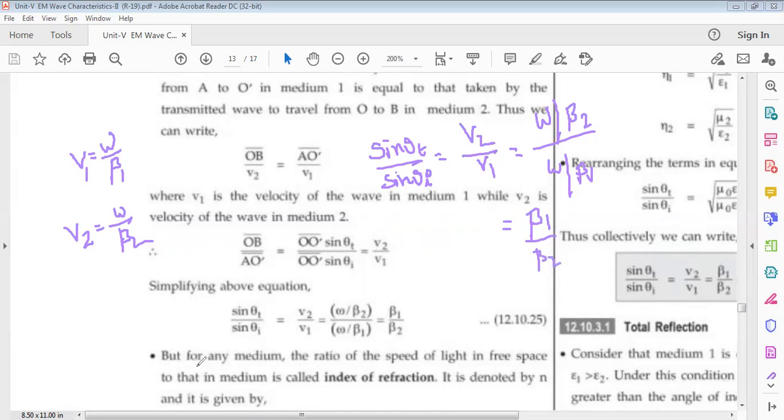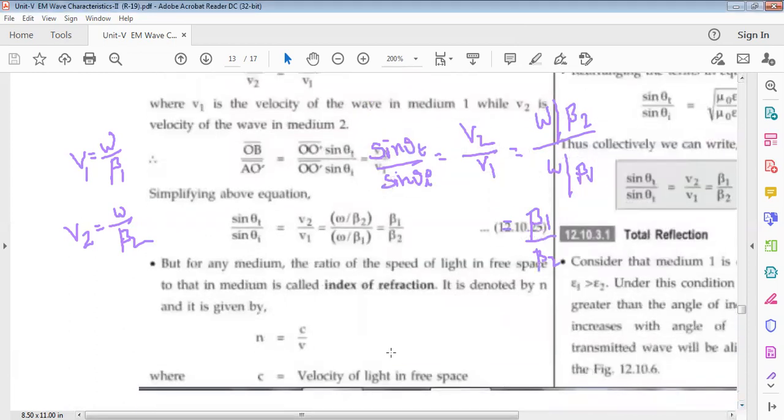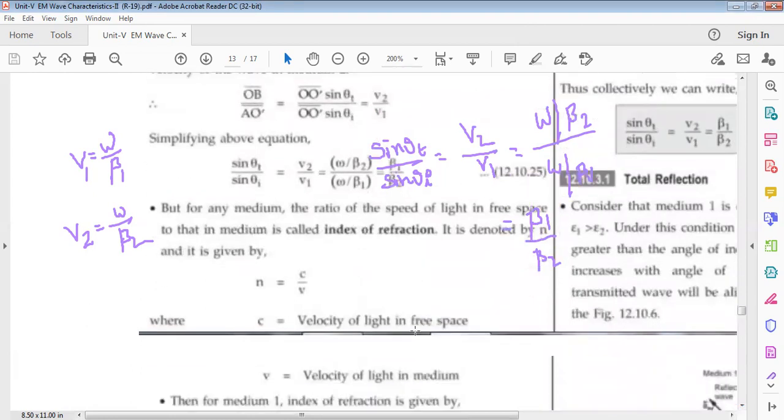But for any medium, the ratio of the speed of light in free space to that in the medium is called the index of refraction. It is denoted by n. We know in physics also you'll get this formula, n is equal to C by V, where C is the velocity of light in free space and V is the velocity of light in a medium.